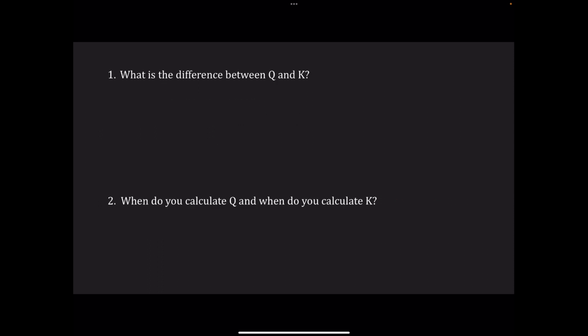So what is the difference between Q and K? Q is the ratio at any time in our reaction, whereas K is specifically at equilibrium. So how do we know when to calculate Q versus K?